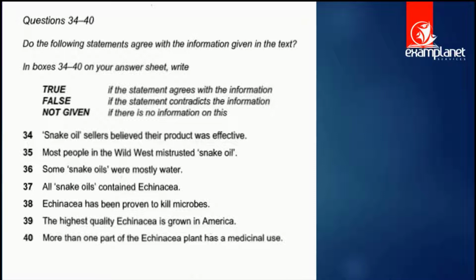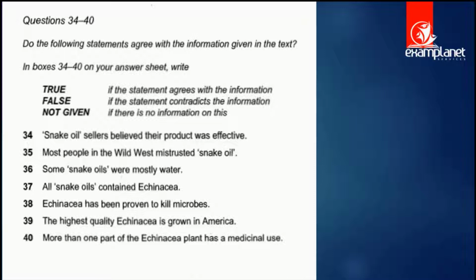If you look at question number 36, it says some snake oils were mostly water. For paragraph B, if you look at it very well, it begins with the remarkable thing about many of the medicines dismissed then as snake oil is not so much that they failed to live up to the outrageous claims made for them.